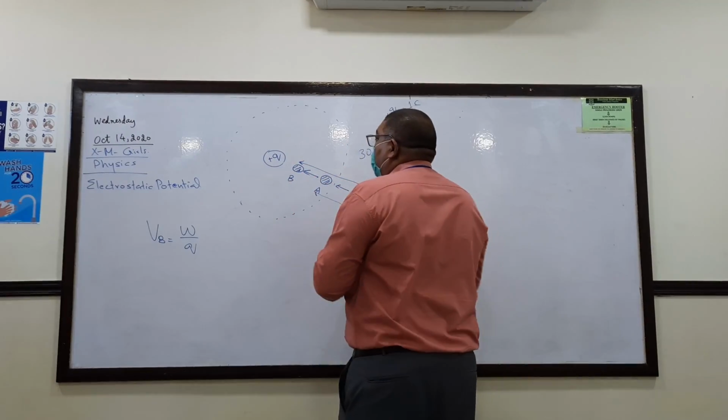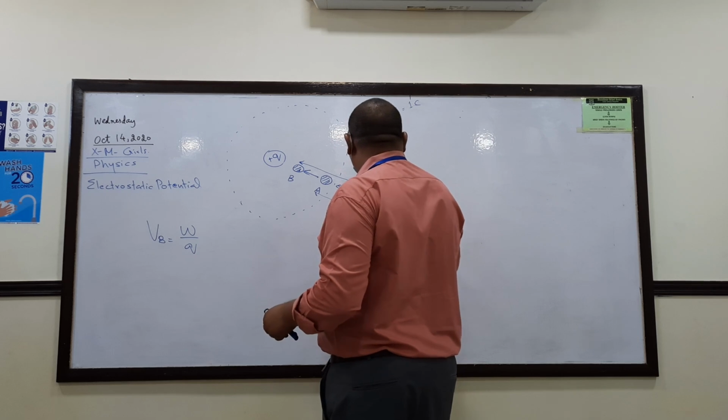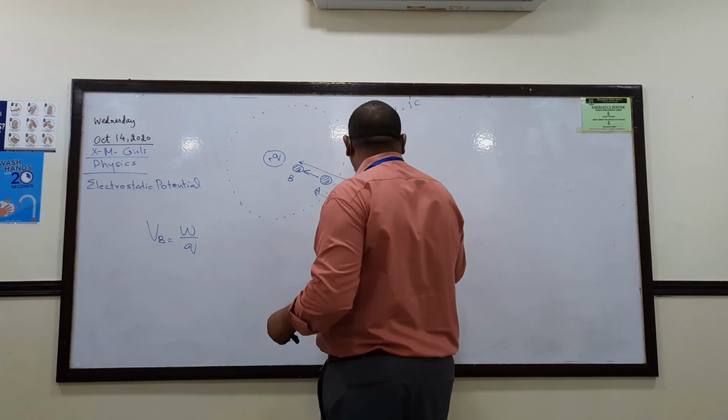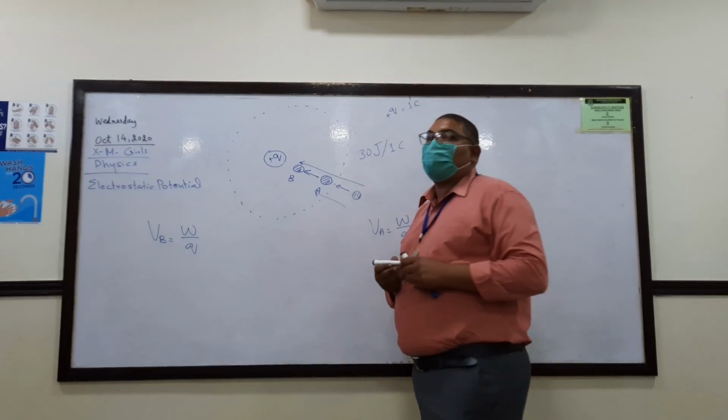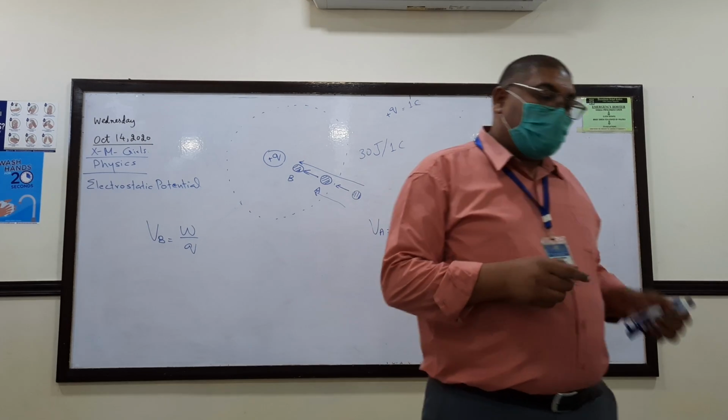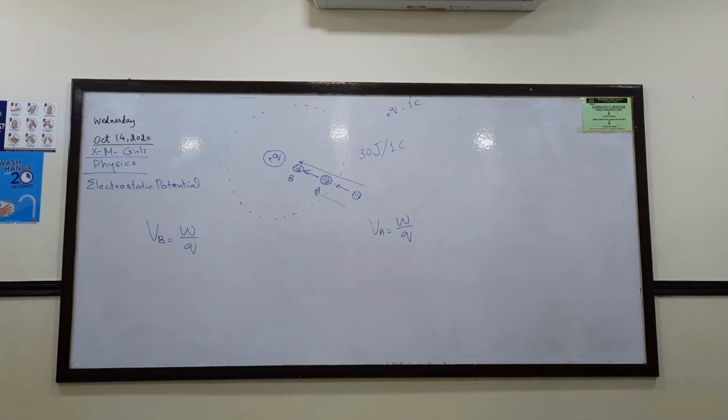So at this point, VA will be the work done by you on the unit charge, work divided by the charge. That is called the potential.